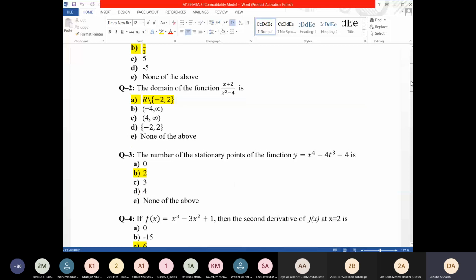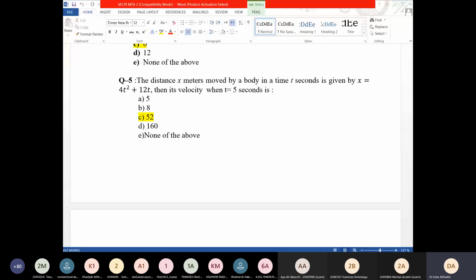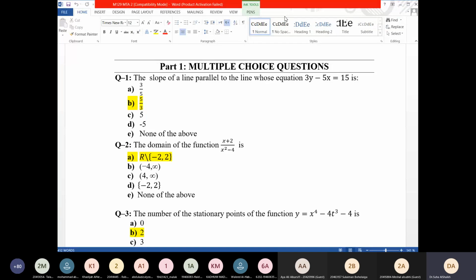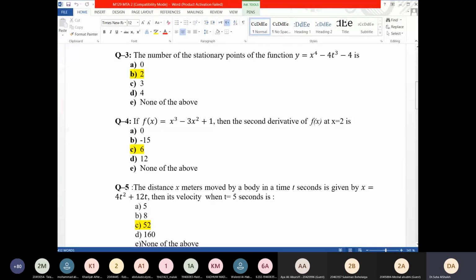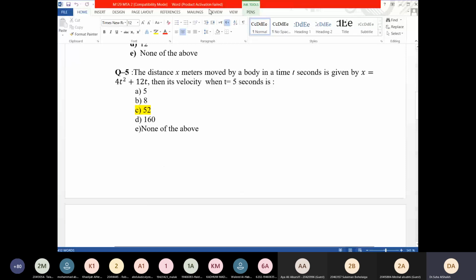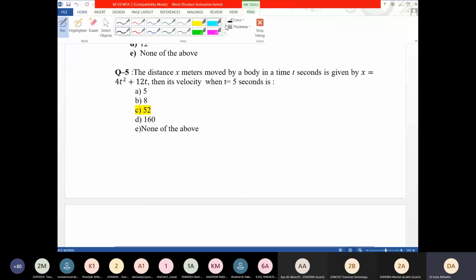Here's a question. Can you see the screen now? Yeah. Here's one. What do we have? Let me take the red. Here we go.